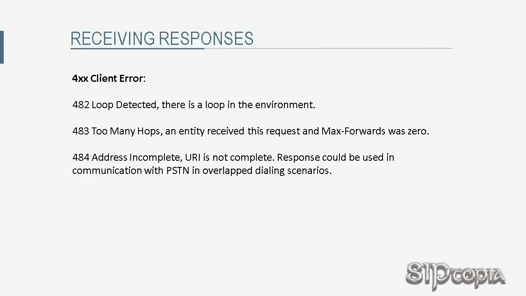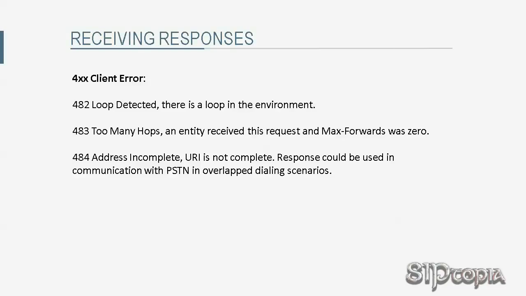482 Loop Detected. Naturally, this response indicates that there is a loop in the environment. Let's say Tarzan calls Jane. If Tarzan's SIP proxy is sending this call to Jane's SIP proxy, and instead of sending it over to Jane, Jane's SIP proxy is sending the call back to Tarzan's SIP proxy, that would be a loop.